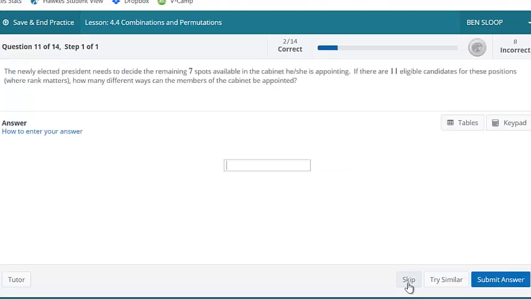This one is a little more subtle. Here, a president has to select 7 cabinet members from among 11. Now, this one doesn't say anything specifically about order. Oh, it does right here. It says where rank matters.